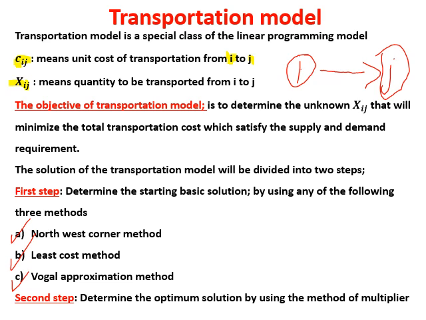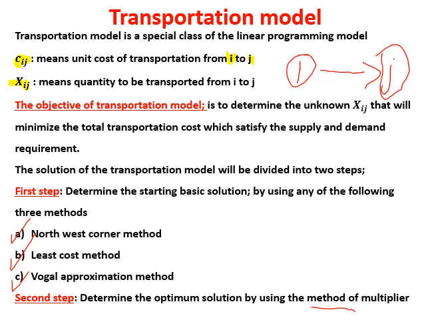So in the first step, we will get the starting solution by any of these three methods. But this is not the end of the problem. We should reach the optimum solution, and we will get it in the second step by using the method of multipliers.